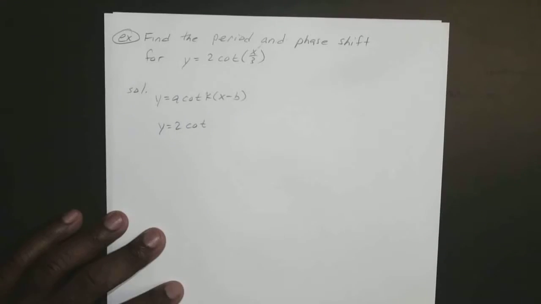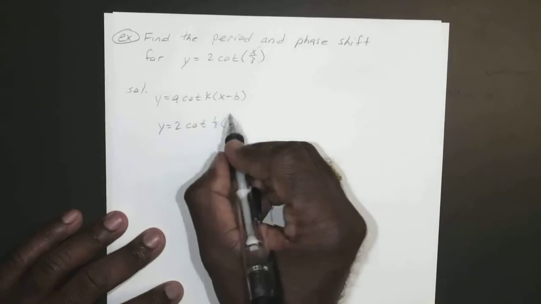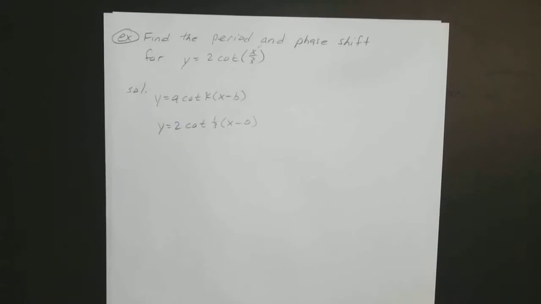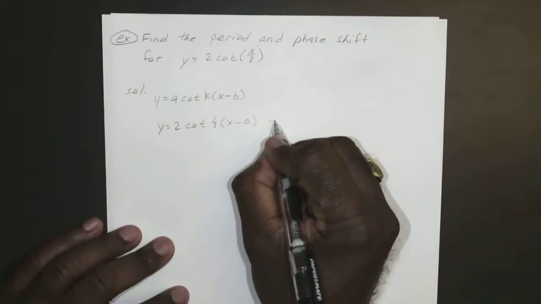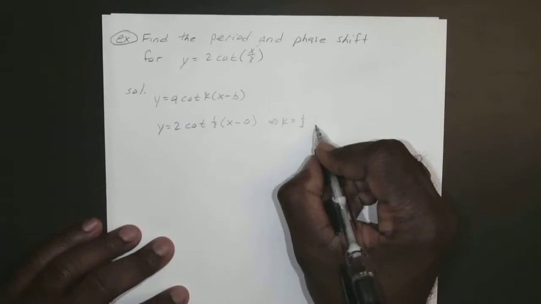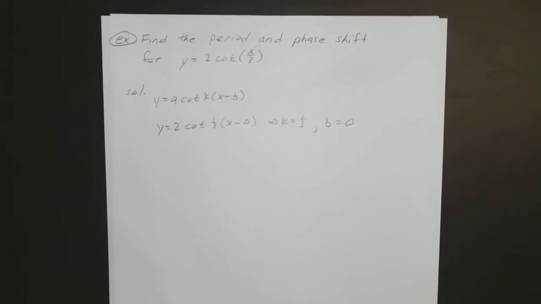We can actually just factor out that 1/3. And instead of x, make it x minus 0. Okay, so that means that your k is equal to 1/3, and your phase shift b is equal to 0. Your a is equal to 2, but you don't really need it.